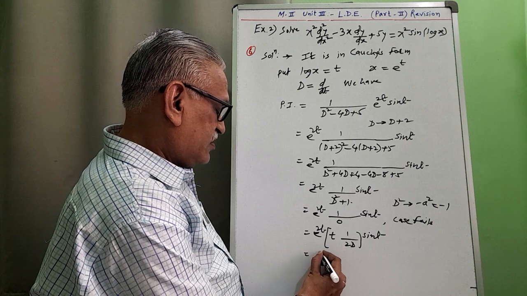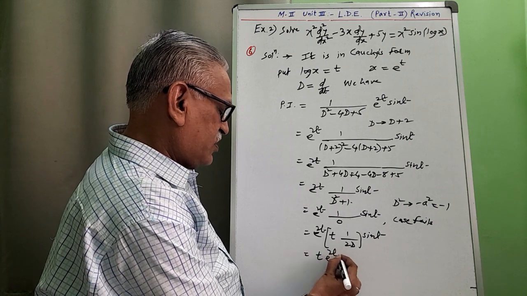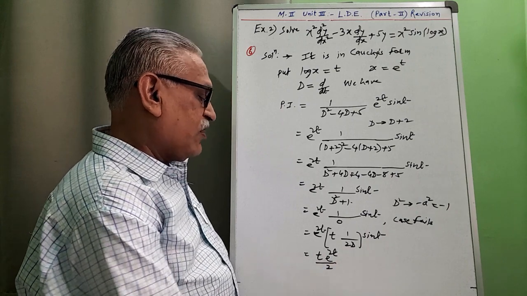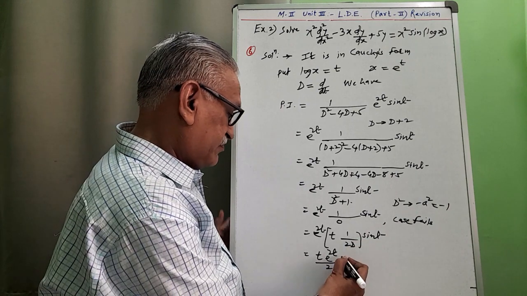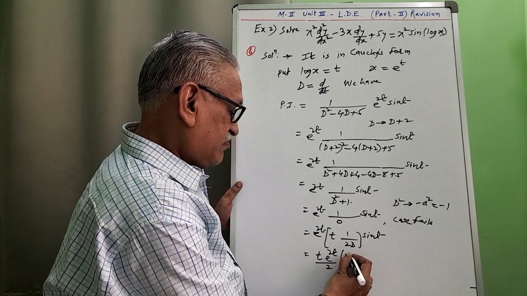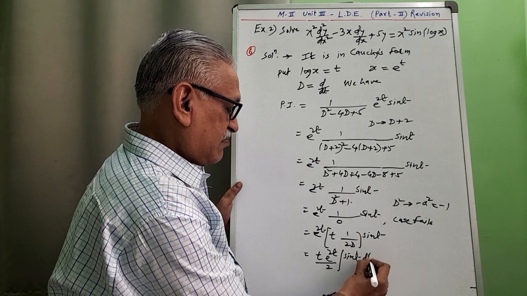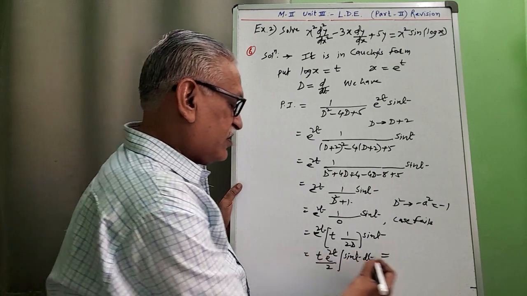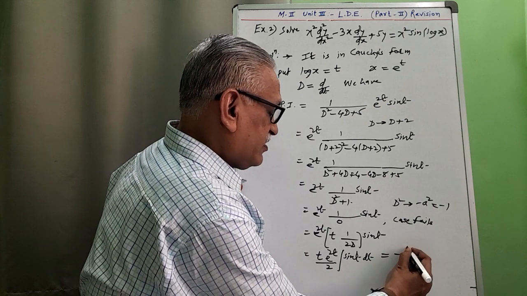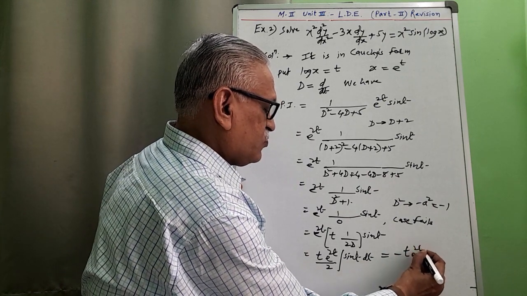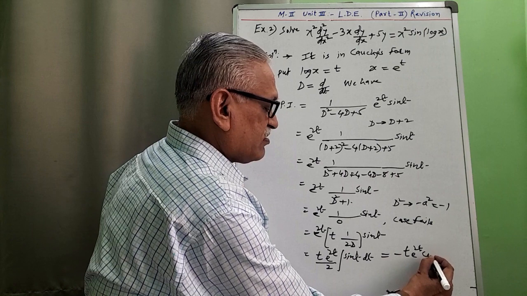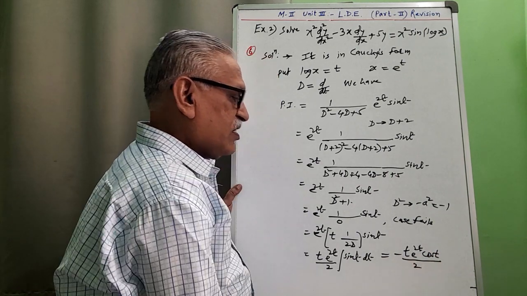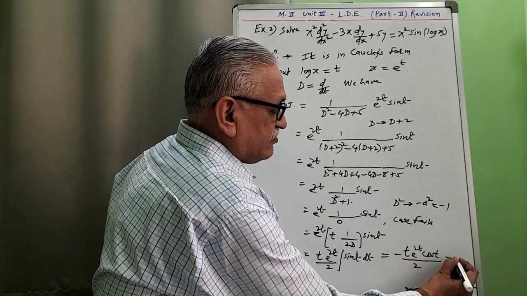It is t e raised to 2t by 2. 1 by d means the integration of sine. And therefore, integration of sine is minus cos. That term becomes minus t e raised to 2t cos t whole divided by 2. And we call this equation number third.